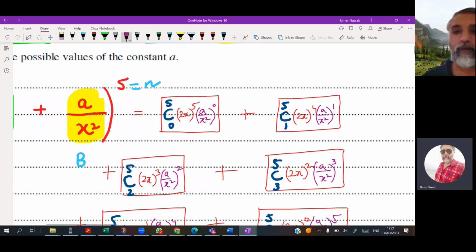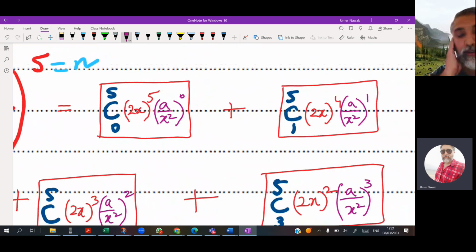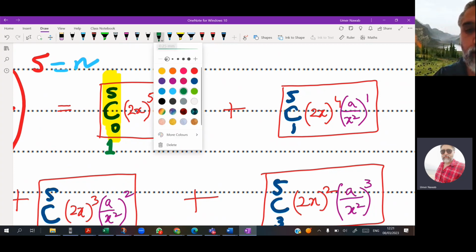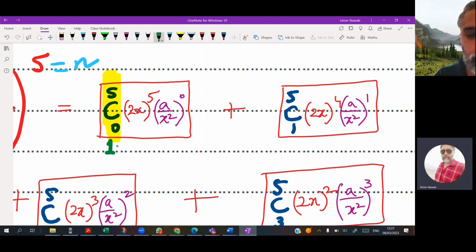Right? Now the thing which is important to understand here: I know I can easily simplify 5C0. That will be equal to 1. And then I have here 2 to the power of 5, x to the power of 5, and anything to the power 0 is always equal to 1. 5C1, which is 5.